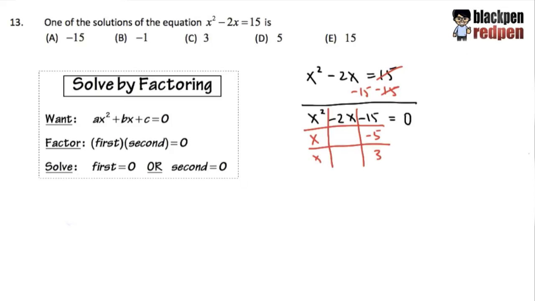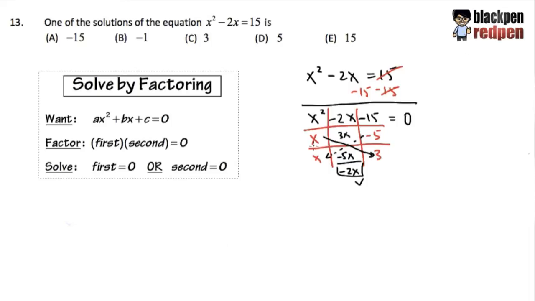I can convince you guys this is actually correct by multiplying diagonally to check. If we take x times 3, that will give us 3x. And if we take negative 5 times x, we have negative 5x. Combine 3x with negative 5x, we do end up with negative 2x. So we know that this combination is correct. And then to write down the answer for the factoring, we are going to read it across.